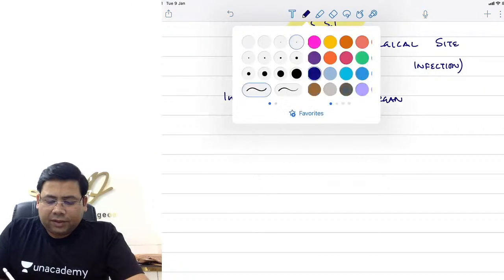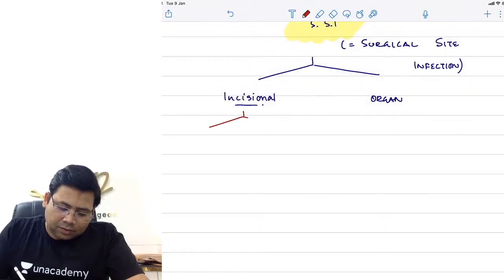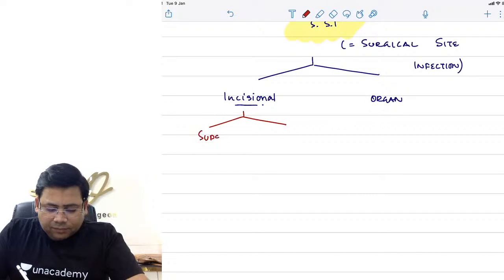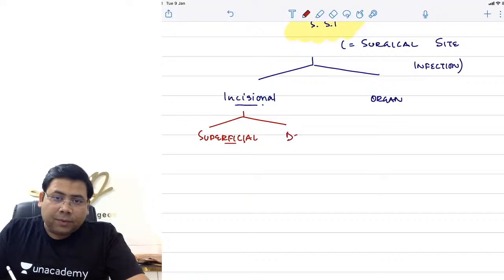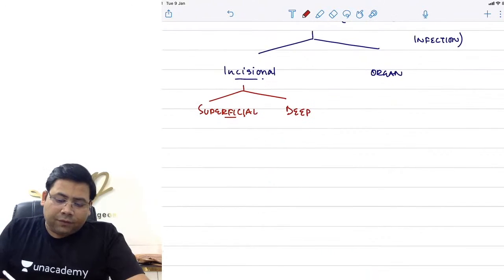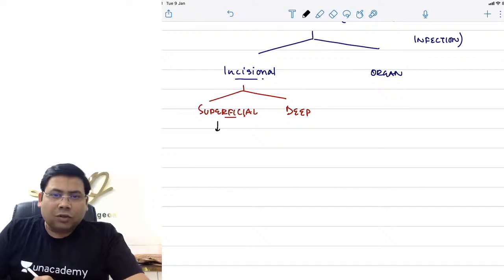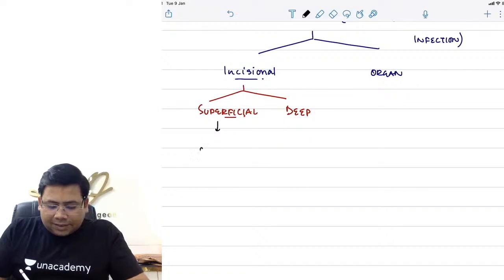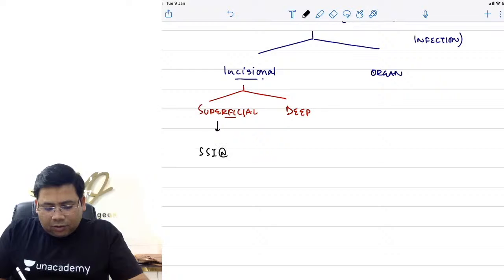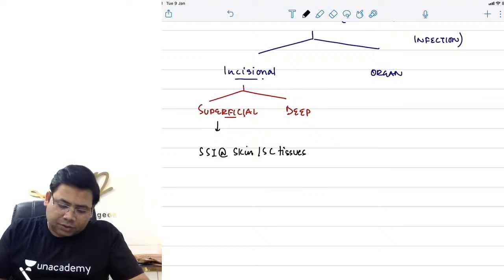Incision is again divided into two parts: superficial incisional or deep incisional. If it is superficial incisional, students, what is the criteria? This is SSI along skin and subcutaneous tissues within 30 days of surgery.